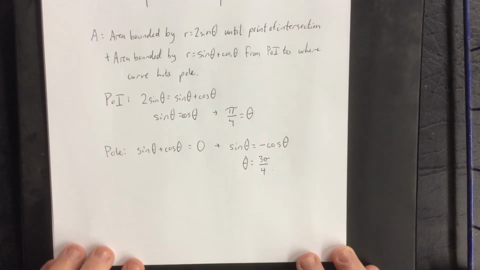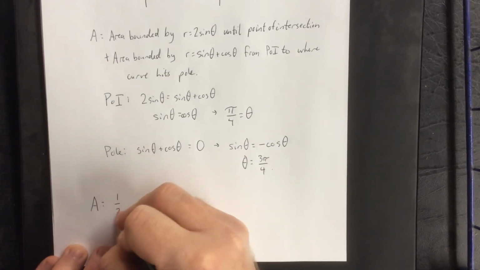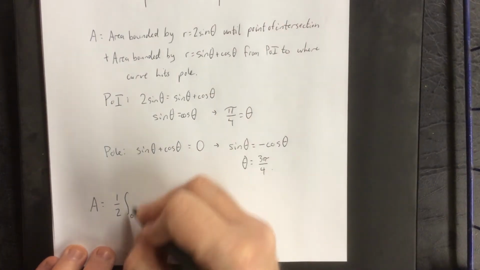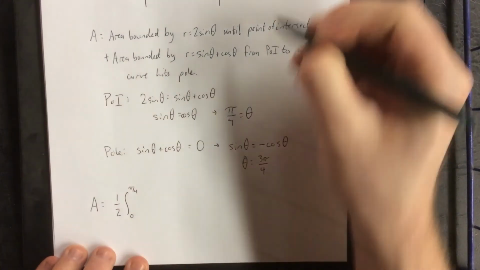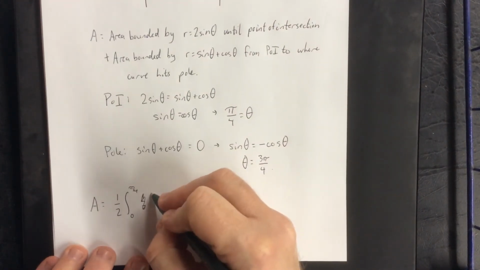So based off of the description that we gave earlier, the total area is going to be 1/2 the definite integral from starting angle to ending angle of the boundary function, or rather, we already had the 1/2.